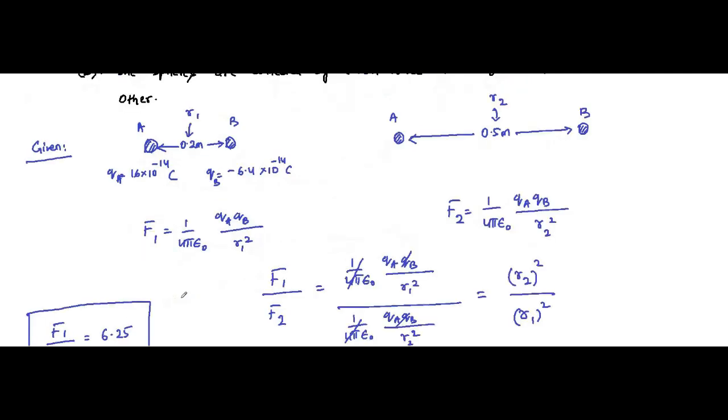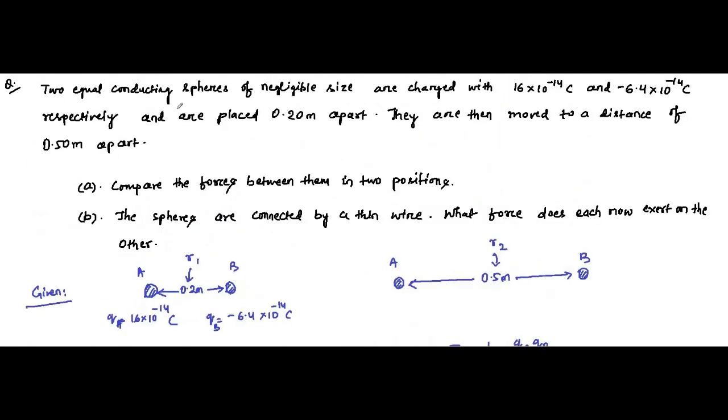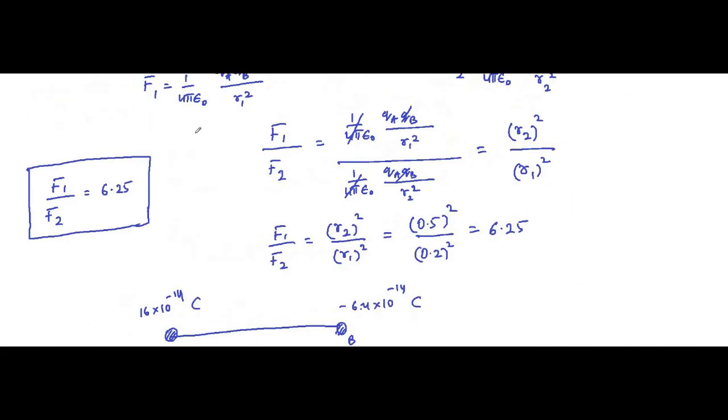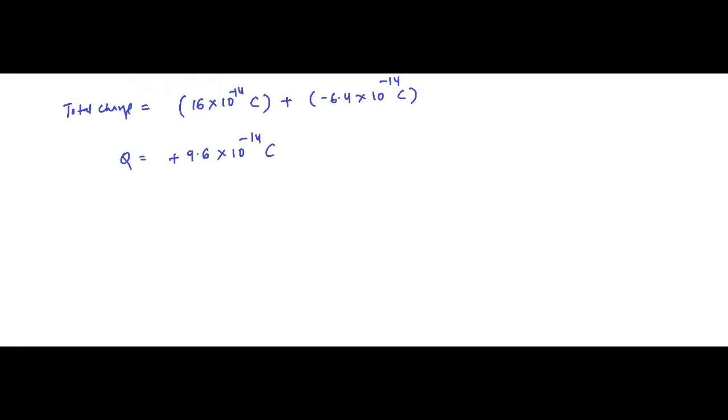Now it has been given that these two spheres are identical. I missed that part. These two spheres are identical in nature. So as they are identical, these charges will be divided equally.